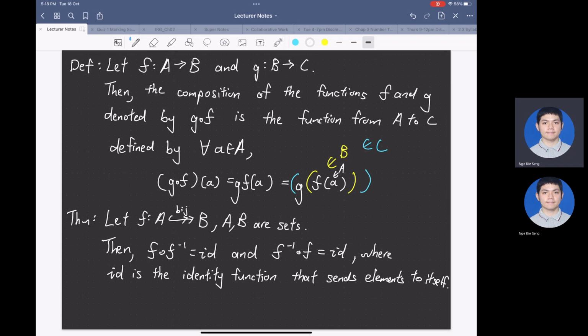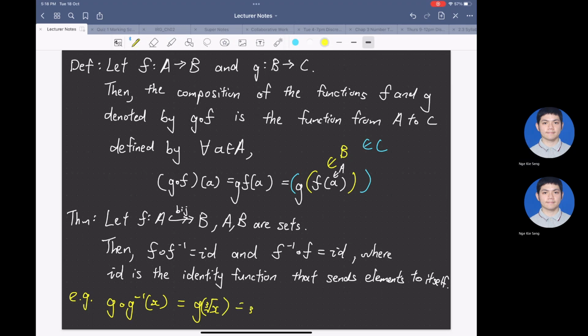Yeah. So for example, just now we say f, g, and g inverse of x, right? So what do we have? We have x cube, right? And then g on this thing is the cube root of x cube, which is x. So you send x to itself. Okay.